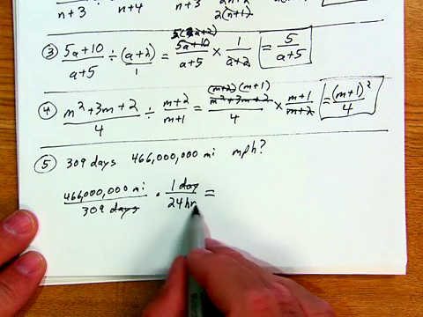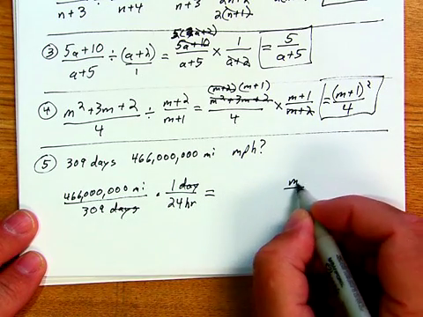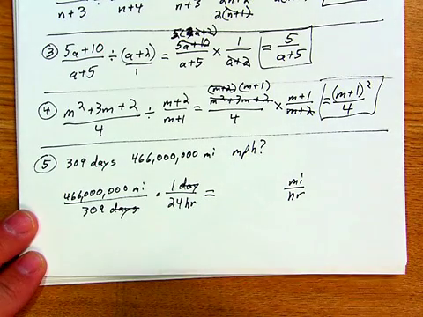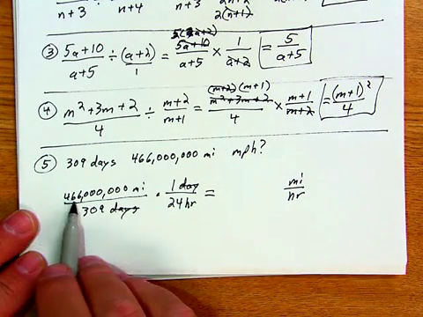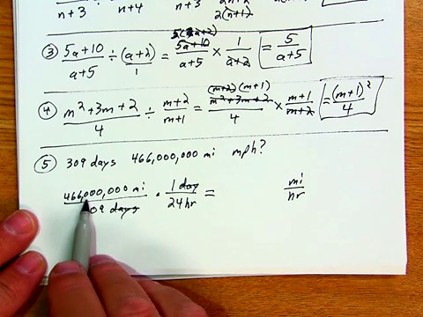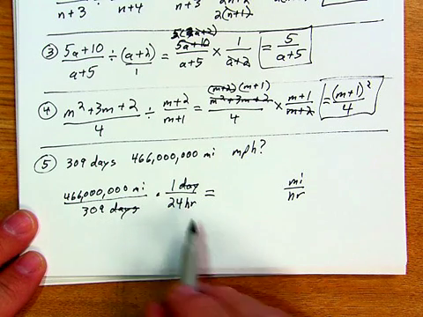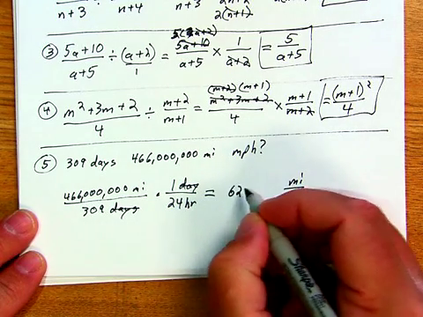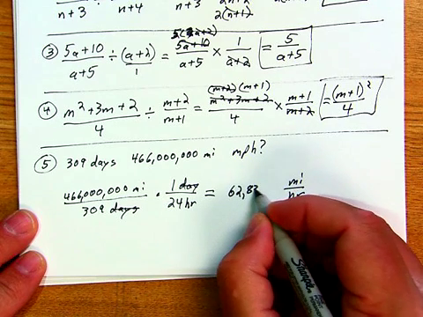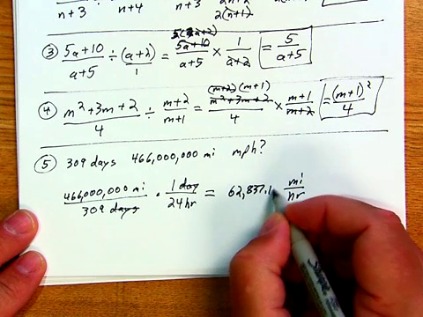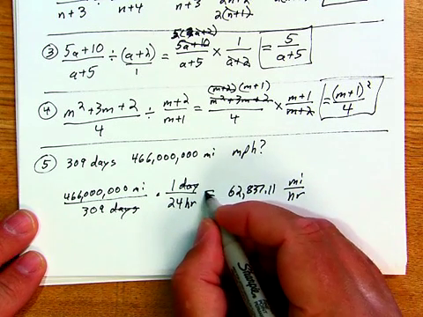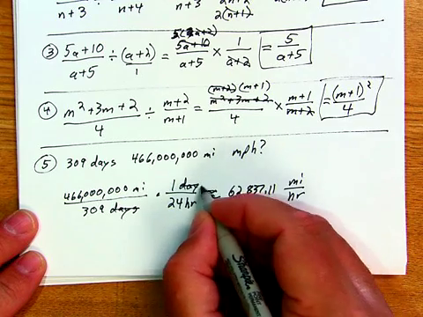So I'm left with miles per hour. So I know that my answer is 466 million divided by 24, which gives me 62,837.11 miles per hour, and that's approximate. Since I'm rounding, it's an approximate.